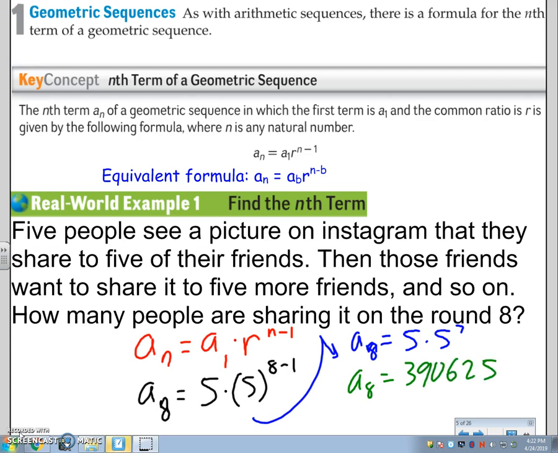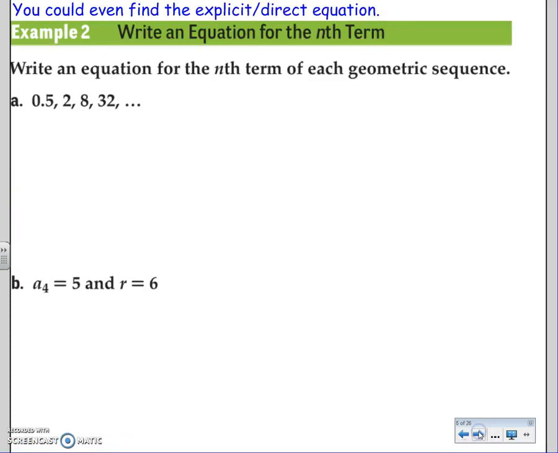That's how many people are sharing after the 8th round. Alright, you can also find the explicit or direct equation by using the formula we did before. Let's write an equation for the nth term of each geometric sequence. So to do that, I'm going to write the formula. a sub n equals a sub 1 times r to the n minus 1 power.